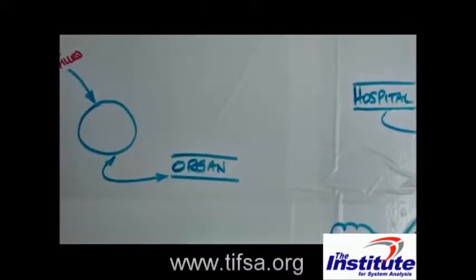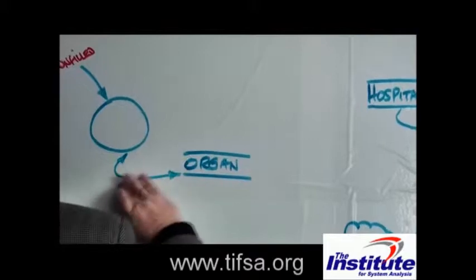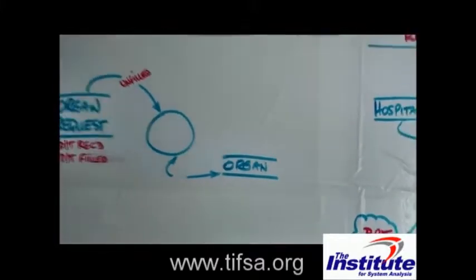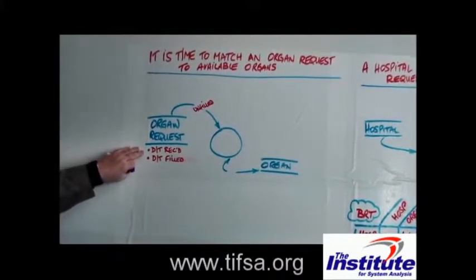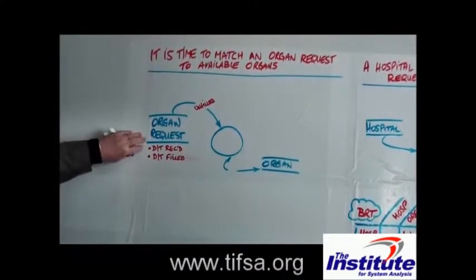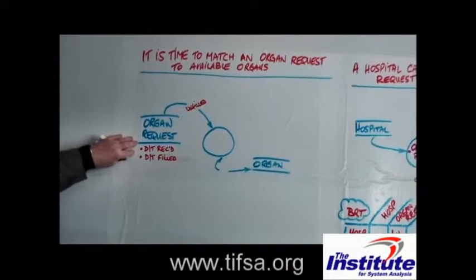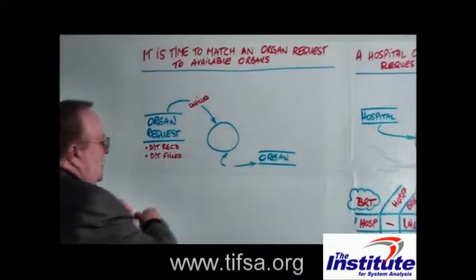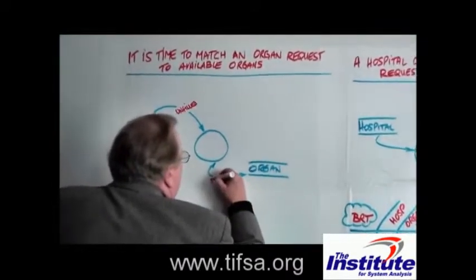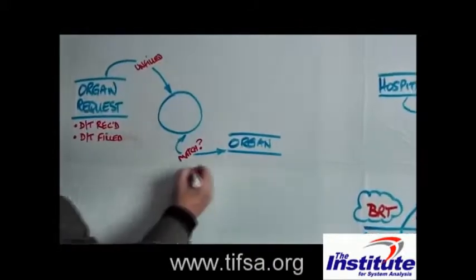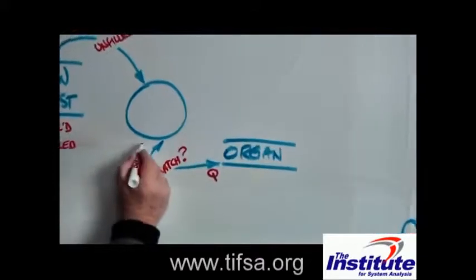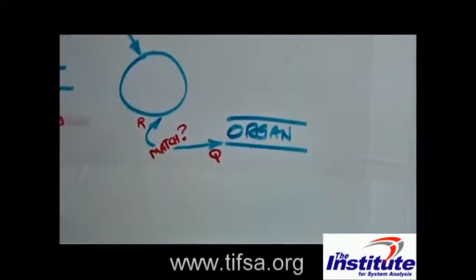I'm going to do a query and a response to see if there's a match against the matching criteria that we looked at earlier, the organ type, the blood type, and so on and so forth. And we did attribute that data originally in the first process. So I'm going to now see if there's a match. And I'm going to put match with a question mark here. And I'm going to do a query and a response.